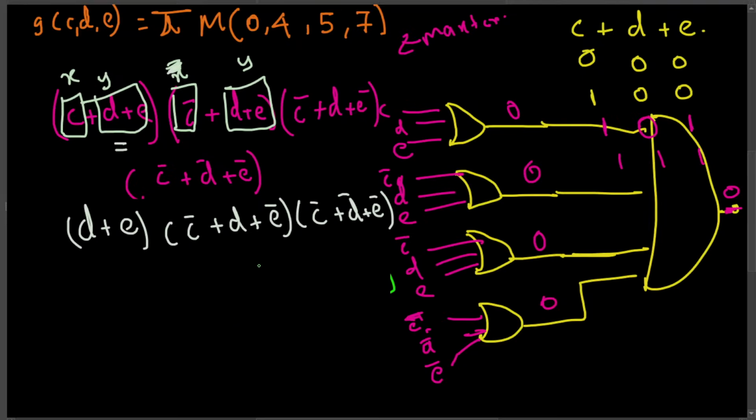Next thing, can we take something common here? c prime and e prime, we can take c prime and e prime common. If we do that, d plus e, and then if we take c prime plus e prime common, this is going to be d plus d prime.